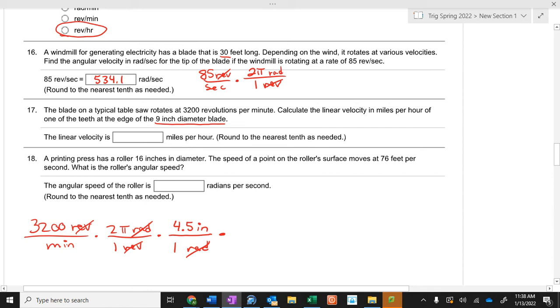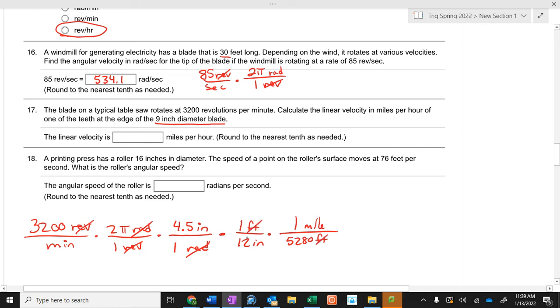Okay? So now I have inches per minute. I need miles per hour. How do I change inches into miles? There's 12 inches in 1 foot. And there's 5,280 feet in 1 mile.